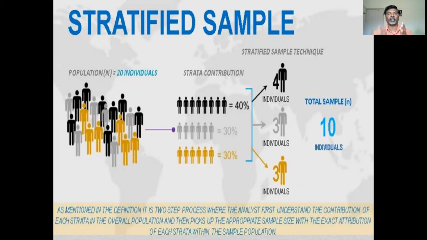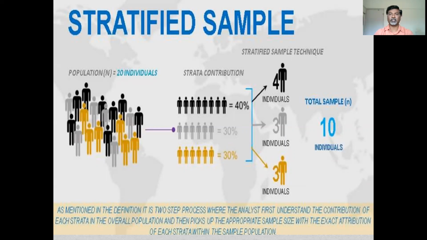On the basis of that, we have created three strata. In black color there are 1, 2, 3, 4, 5, 6, 7, 8, so 8 members. In gray color there are 5 members, and in yellow color there are 7 members.